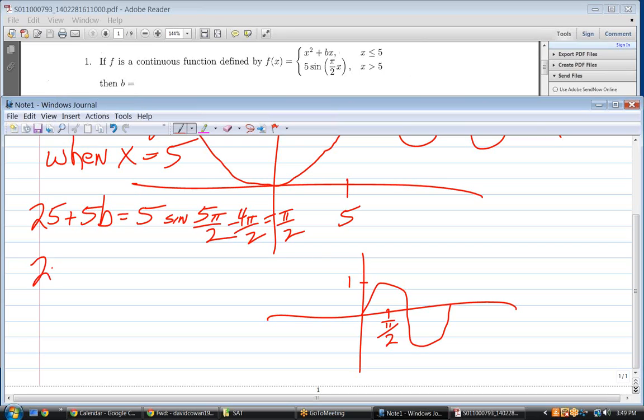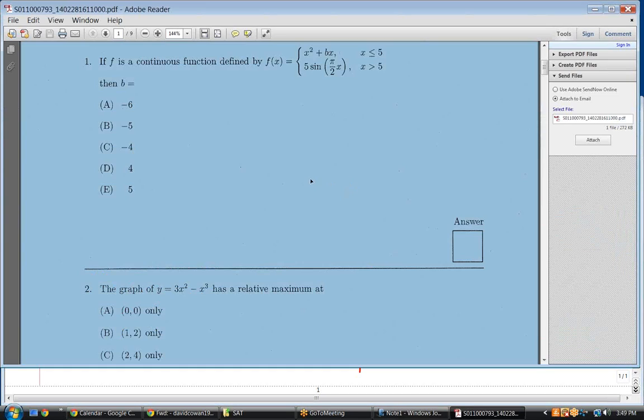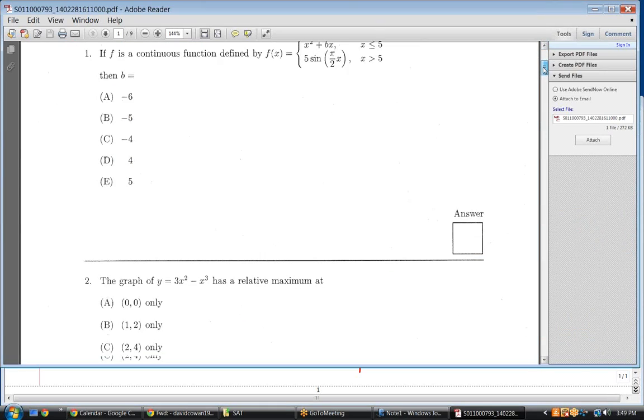So we now have 25 plus 5b equals 5 times 1. b equals minus 4. And thank goodness they have that as one of their answers.